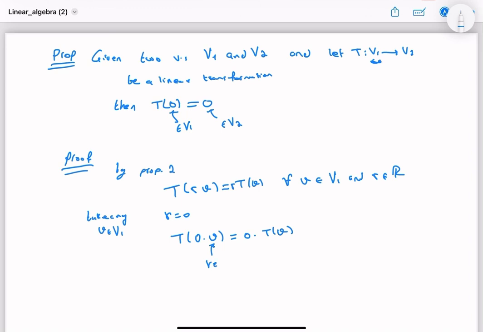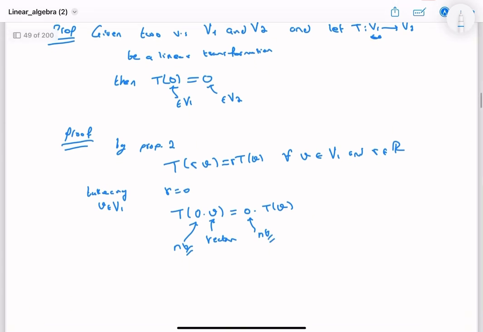This is a vector and this is a number, because remember, it's scalar multiplication, and this is also a number. We know by a previous proposition that we proved in a previous video that 0 times any vector gives the vector 0 back.